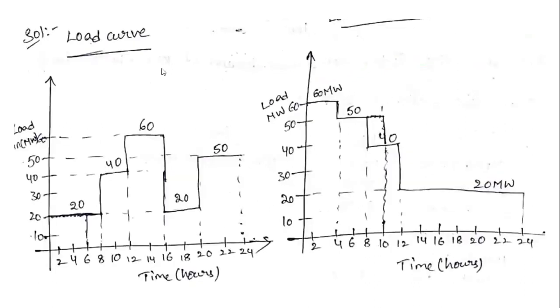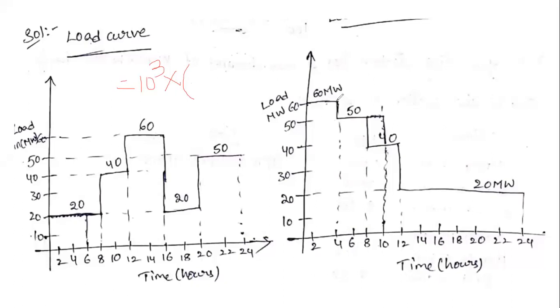First of all, the load will be in megawatts, then it will be converted into kilowatts, multiplied with 10 cube. Then from the load duration curve or the load curve, we will draw the area and find out the area for those loads.